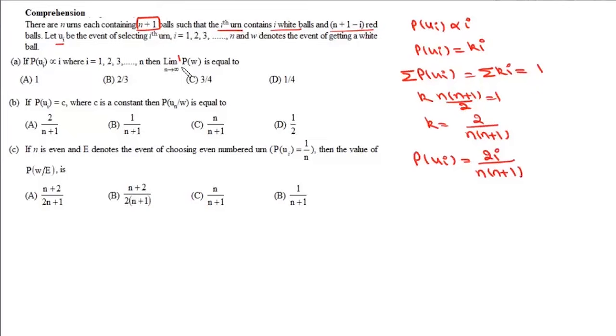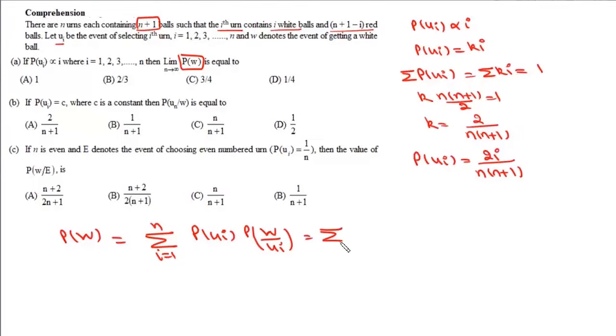Now first we'll find the probability of getting a white ball. It's a conditional probability question where this probability is going to depend on the urn we are choosing. So the probability of getting a white ball will be equal to the summation where i varies from 1 to n of P(Ui) into P(W upon Ui).